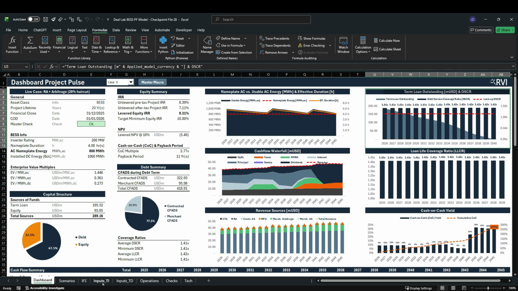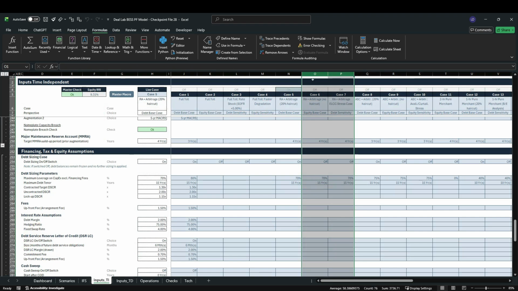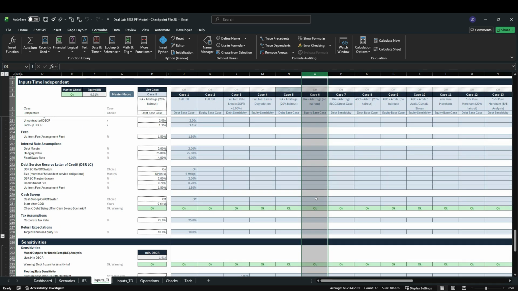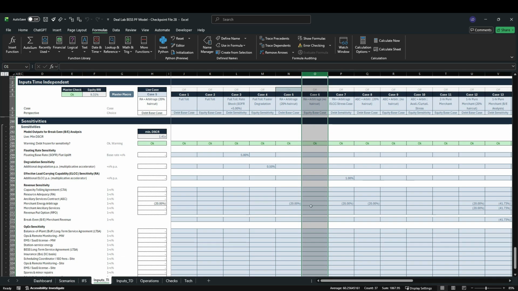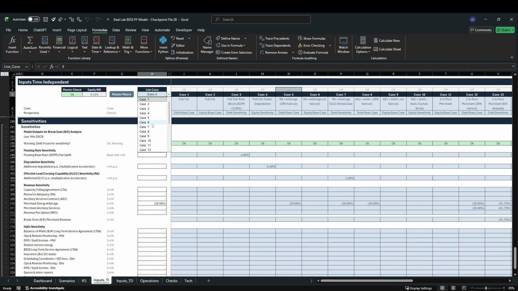Okay, now let's implement our equity base case, case 6. And the only difference we will have is that we now don't assume a merchant haircut. And now I'm going to show you 2 ways of doing that once again. So first we select case 6.